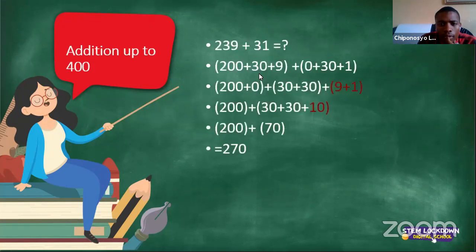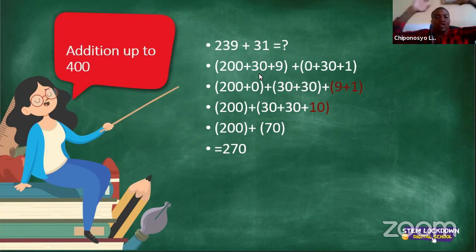Jordan is asking how we did 239 plus 31. Please write this down, guys. Please, while I explain, please write down the example. So it's 239 plus 31.